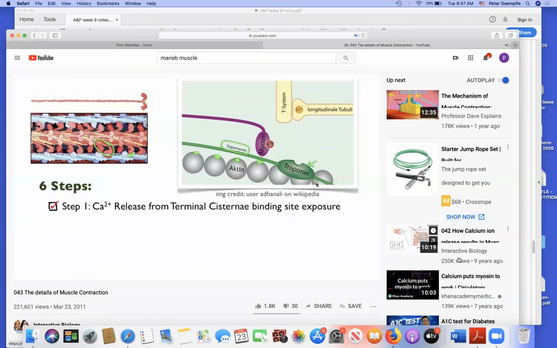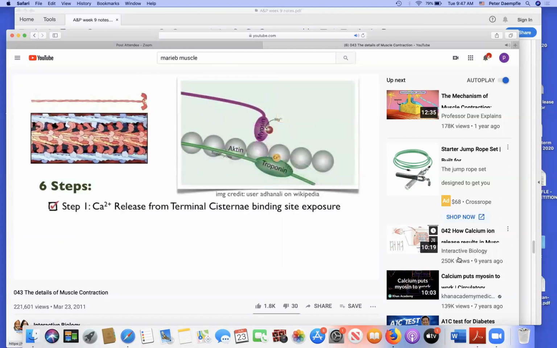Step number 1, calcium is released from the terminal cisternae. Remember we said that the terminal cisternae is a part of the sarcoplasmic reticulum, and that is where calcium is stored. So calcium is released. You can see here we have this little binding site for the calcium. So the calcium now comes and binds to the troponin.